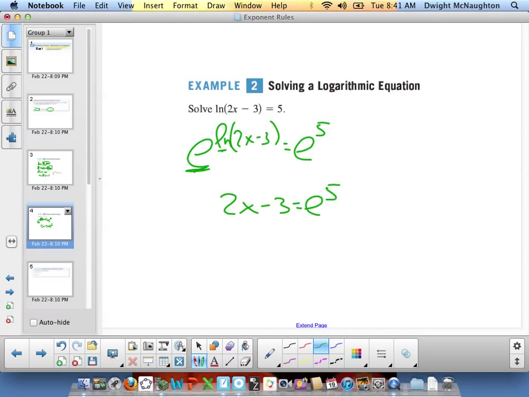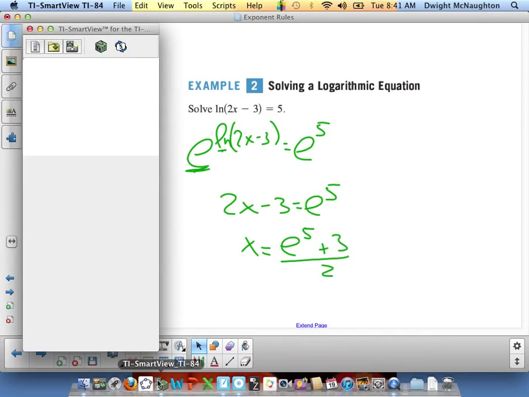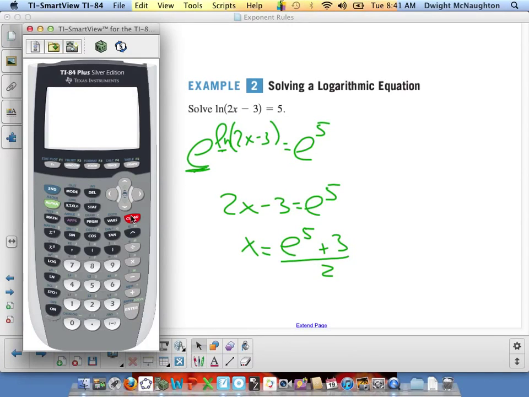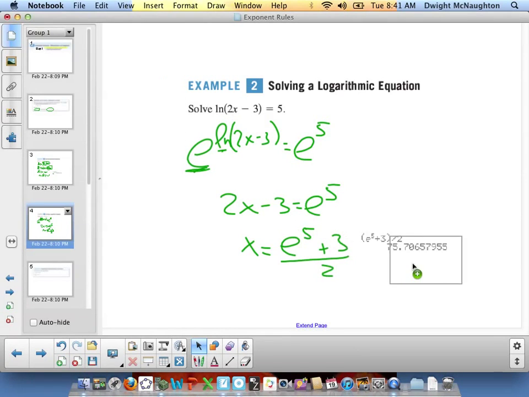Solve by adding 3, dividing by 2. x equals e to the 5th plus 3, divided by 2, which is approximately 75.7065.